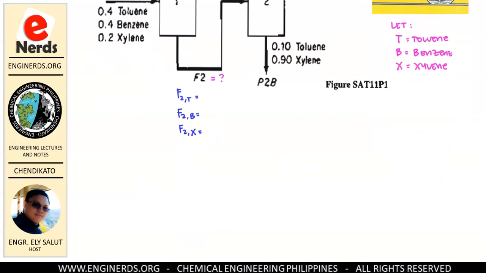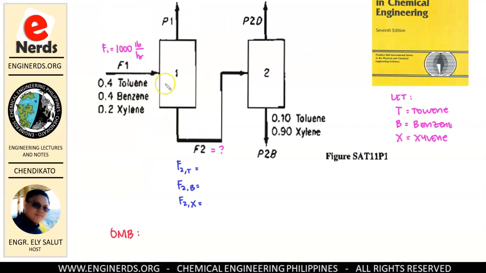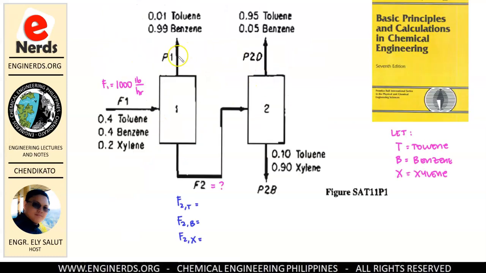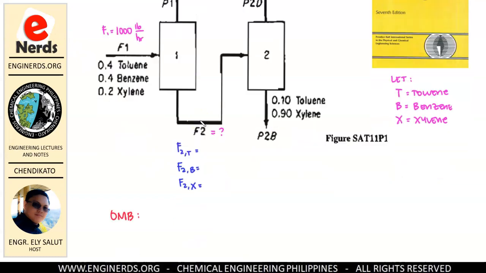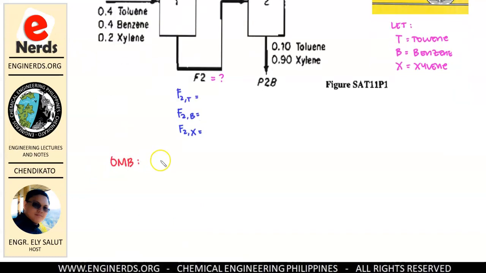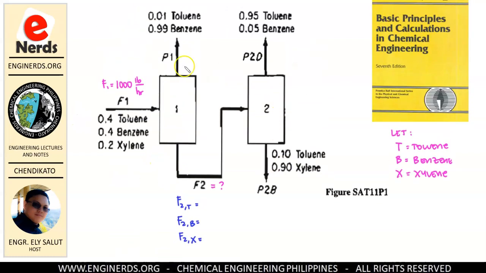So first, katulad ng mga ginagawa natin sa mga previous calculation natin, let us start with the overall material balance. Okay, so overall material balance muna tayo. So our entering stream will be equal to all of our exit streams. Okay, so therefore we have F1, which is our entering stream, will be equal to lahat ng lumalabas. So we have P1, P2D, and P2B.